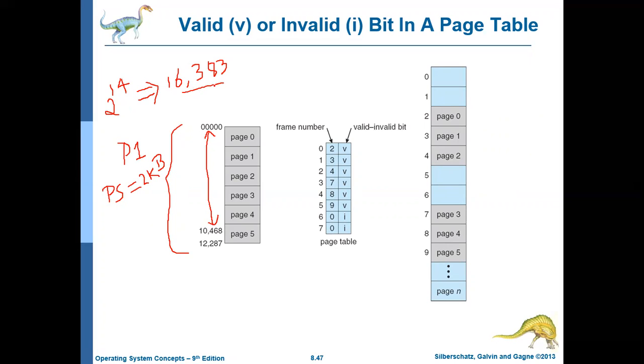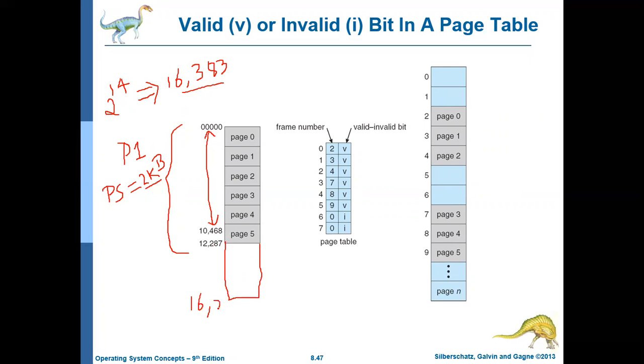But a particular process P1 is allowed to access only the locations 0 to 10,468, and the size of each page is 2 kilobytes. So totally how many pages will there be? Each page is 2 kilobytes, and the total locations of this logical address space is 16,383.